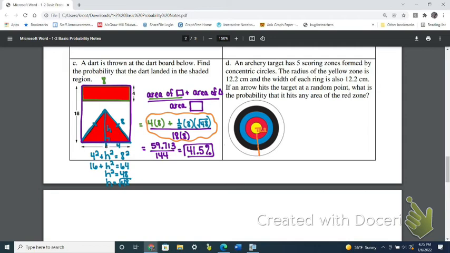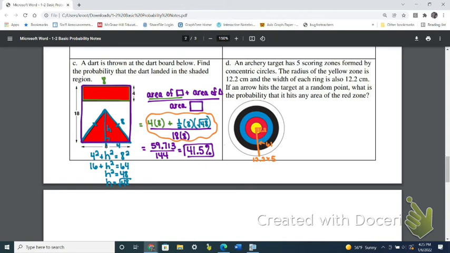And how many of those 12.2s did I have? Sorry, I misspoke when I said I didn't finish the line. It did say radius, so that is 12.2. So I have 5 of those. 1, 2, 3, 4, 5. So to get this long line all the way to the outside, it is 12.2 times 5. So this distance right here is 61.